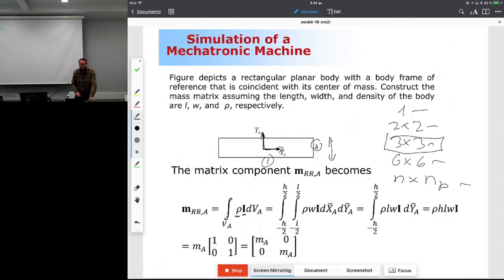Then I take the thickness into account, that's W, and then I integrate with limits minus L divided by 2, because this corner along this axis is located at minus a small l divided by 2, until this point here, which is L divided by 2. And then in the y direction, minus h divided by 2 to h divided by 2.